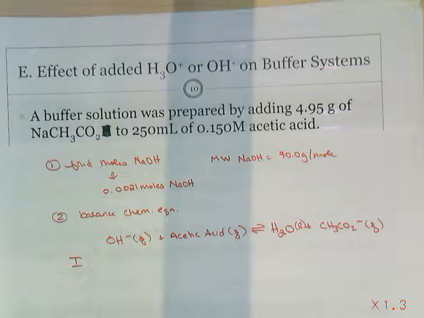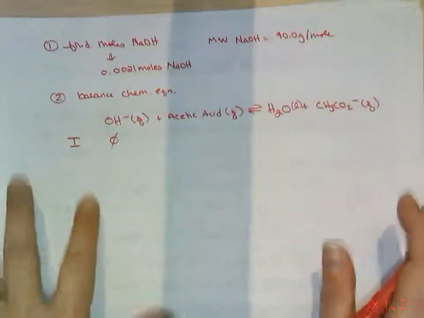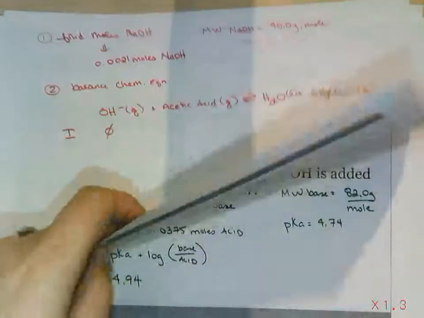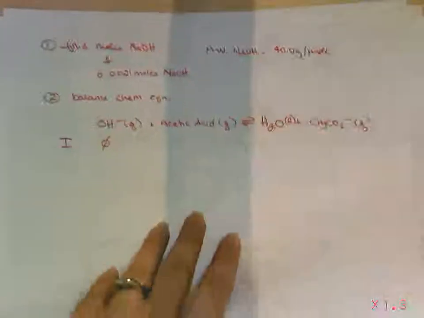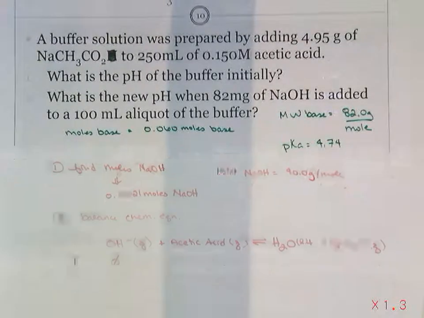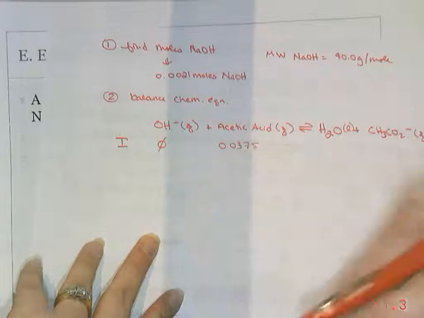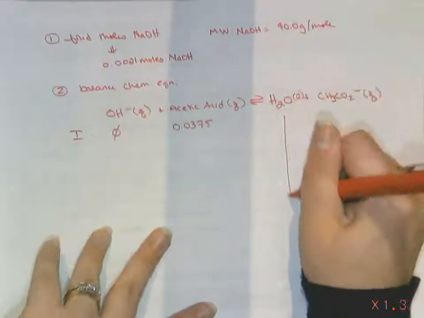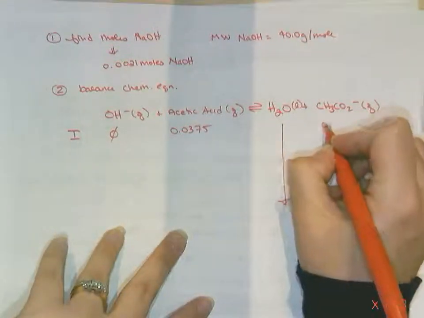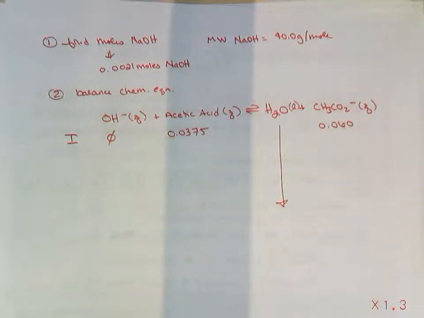All right, and then we found moles of acetic acid initially, and that was what? Oh, there it is on the other page. 0.375. And obviously that's water, and that doesn't matter. Here's our new line. Hopefully everybody's excited. It doesn't make anything cool.